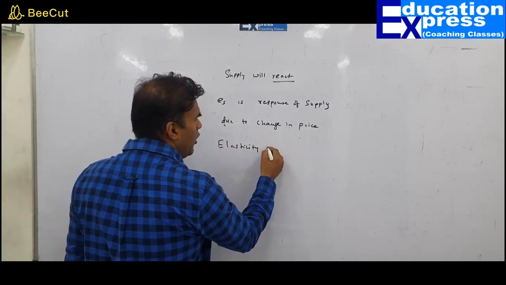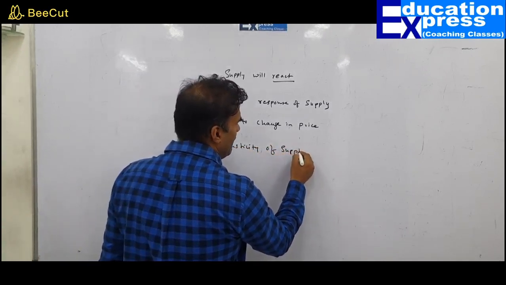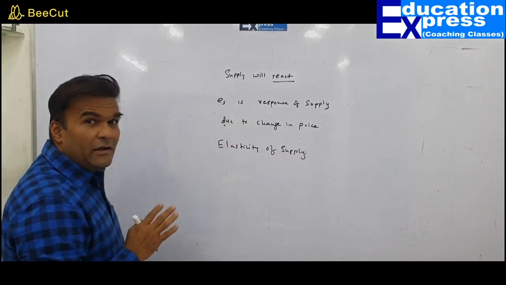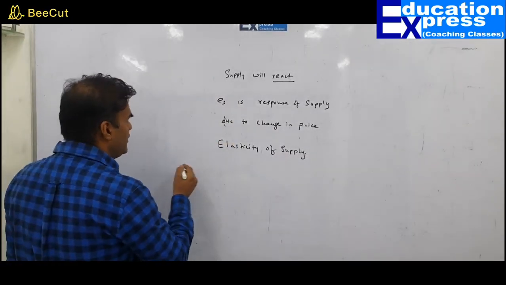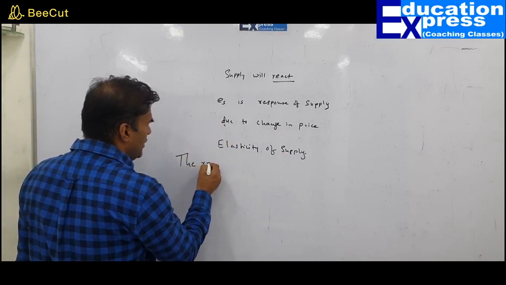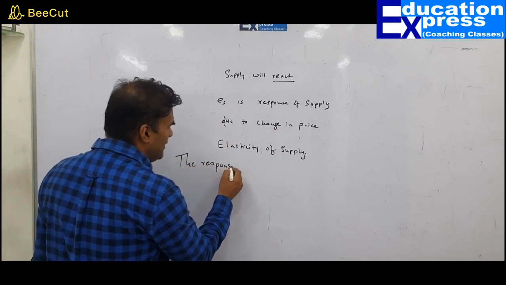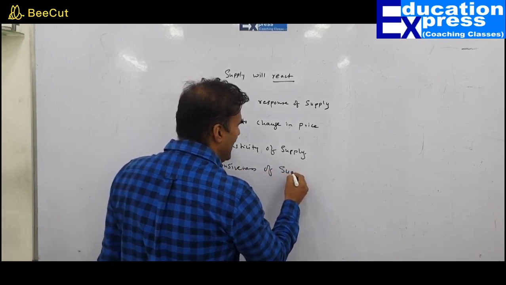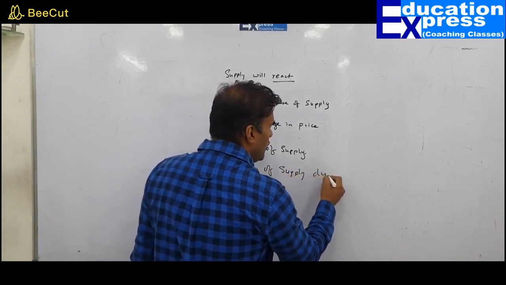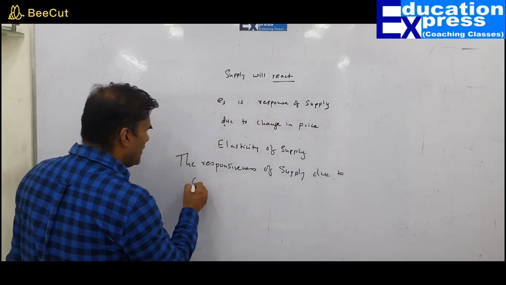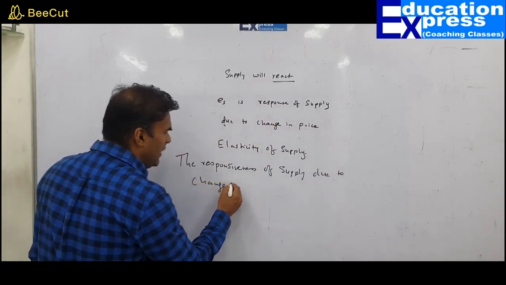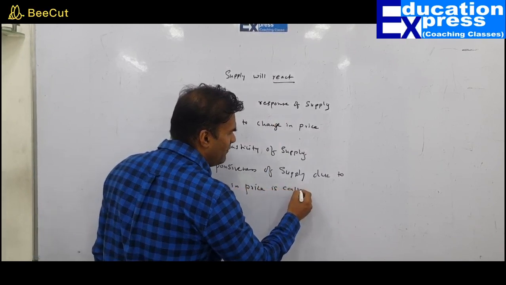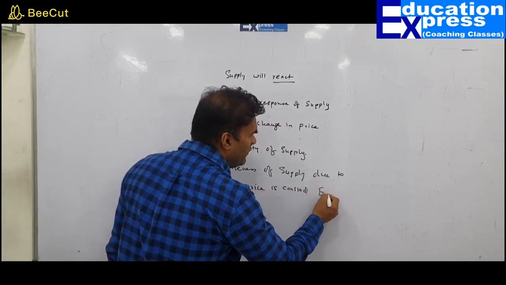elasticity of supply. In short, in case you want to write a technical definition with good wordings, you can always go for it. The responsiveness of supply due to change in price is called elasticity of supply.